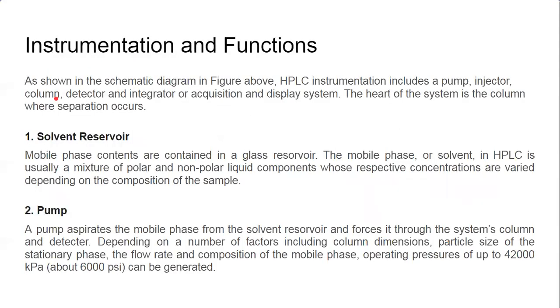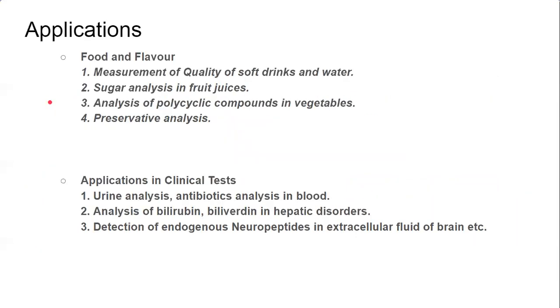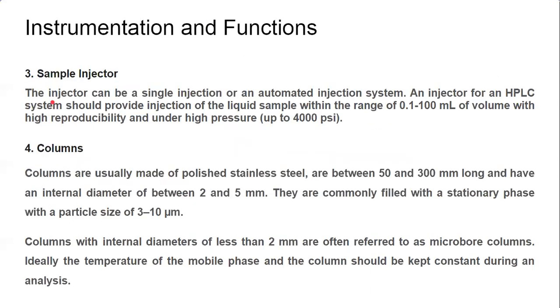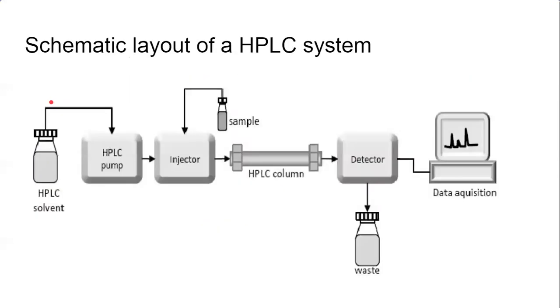Okay, so let us review what techniques we have discussed so far: paper chromatography, TLC, column chromatography, then ion exchange chromatography. In ion exchange chromatography there are two types, depending on the nature of the resin. If our resin exchanges cations, that is known as cation exchange chromatography. If our resin exchanges anions, that is known as anion exchange chromatography.